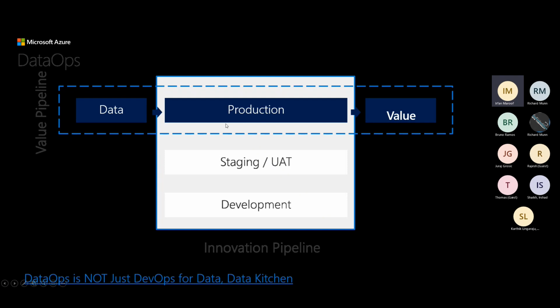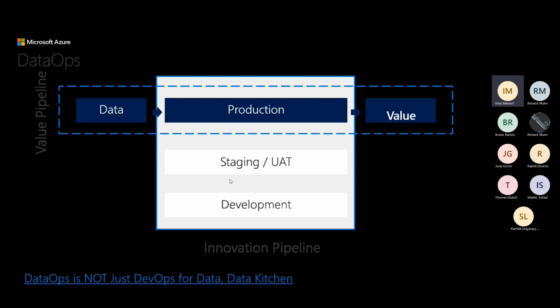And once it's in production, your innovation pipeline is static, but the data is changing. But when you are in the innovation pipeline, your code or analytical pipelines are changing, but your data is static. So that's a slight difference. There is a slight duality, not only for the orchestration part but also for the testing part.